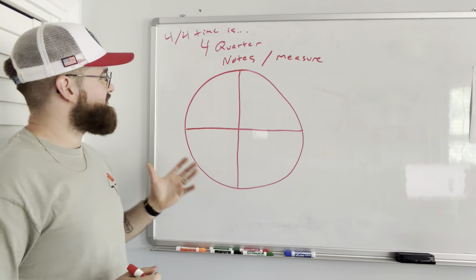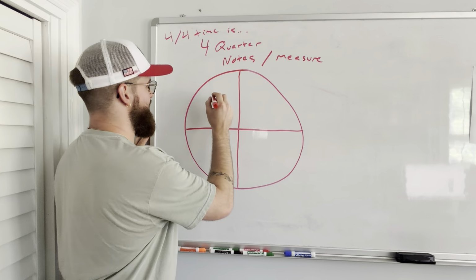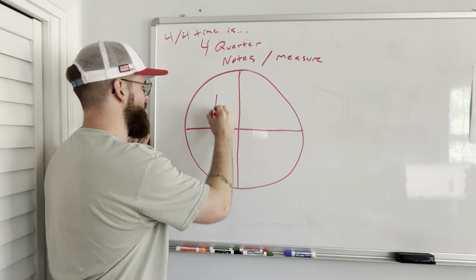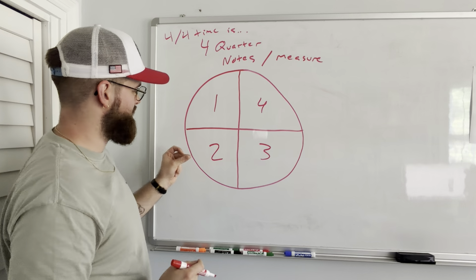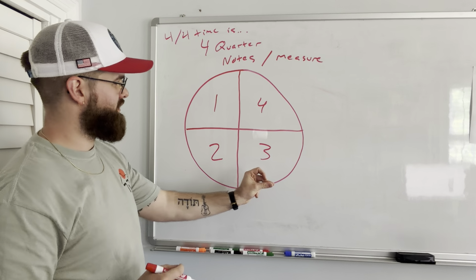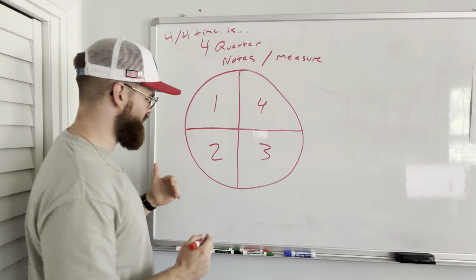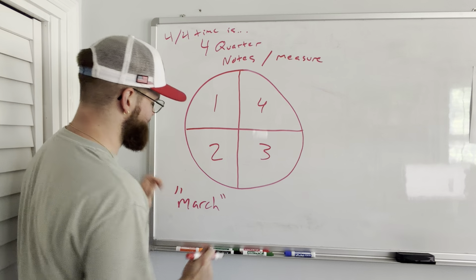All right, the way this breaks down mentally and musically is this. We're gonna count per measure 1, 2, 3, 4. 1, 2, 3, 4. 1, 2, 3, 4. All right, remember 4/4 time has that march feel to it.